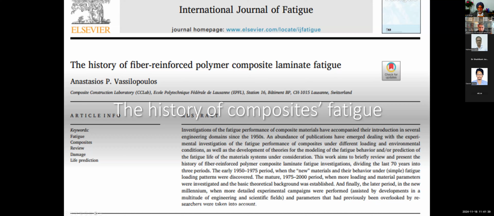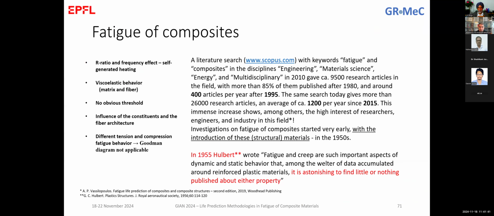So we'll talk about a bit of history of fatigue of composites now, repeating more or less what we did for metallic structures, but now focusing on composites. And I'm coming back to this to show the significance of fatigue of composites.